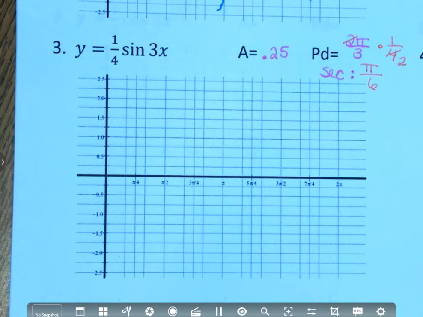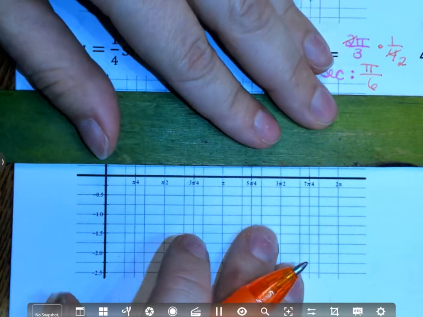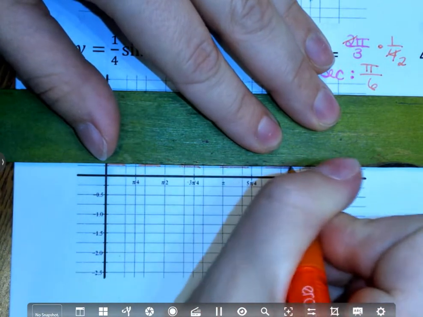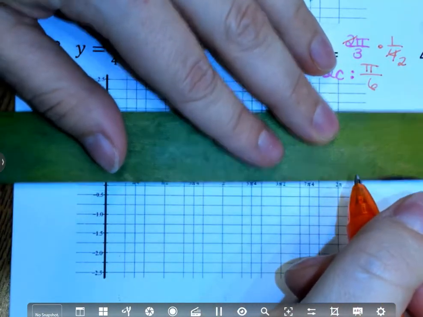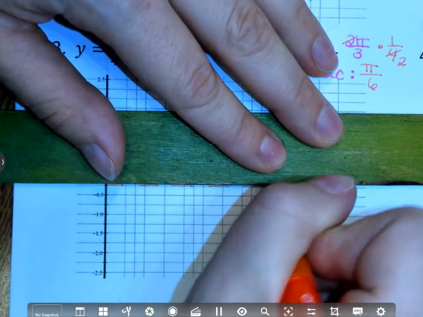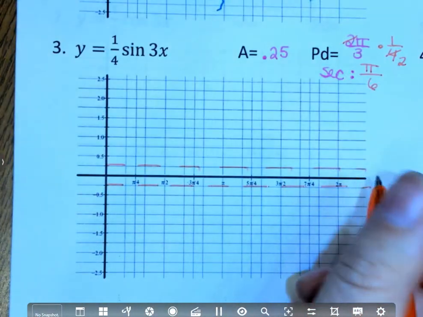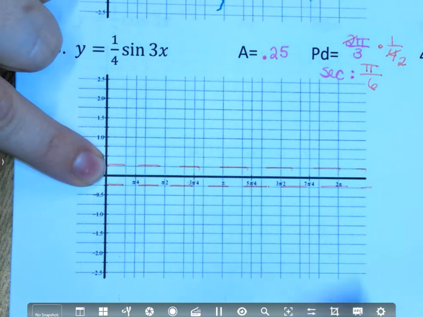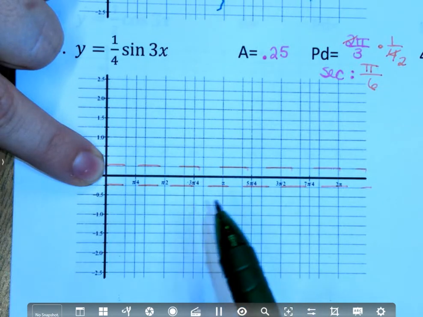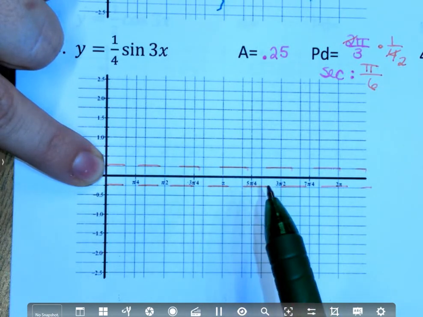Yeah, it's going to be a teeny wee itty bitty graph. Yours even more so. We have the top line. We have the bottom line. Up 0.25, down 0.25. These lines, you see how my vertical lines are not spaced evenly? It's not like quarter, a half. Everything's a half.